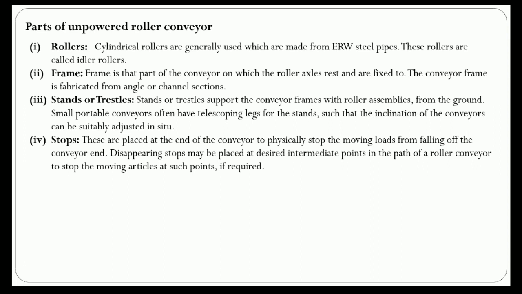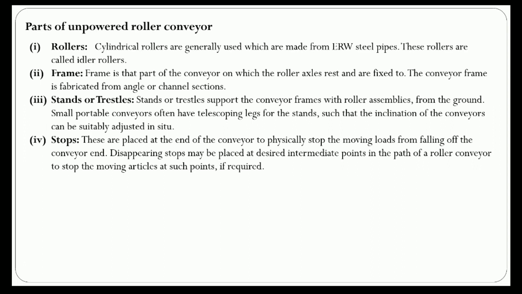The third very important thing is the stands or the trestles. The standard trestles support the conveyor frame with roller assemblies from the ground. These stands are generally fabricated from pipes or structural sections with provision for grouting on the floor. The height of the stands is chosen to keep the articles at the conveyor level.